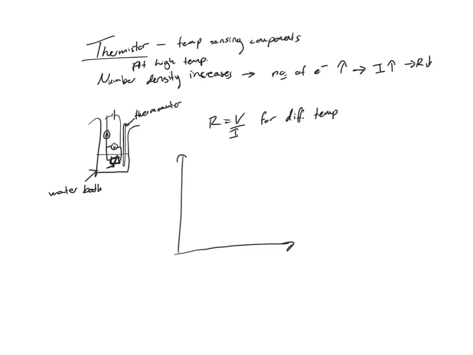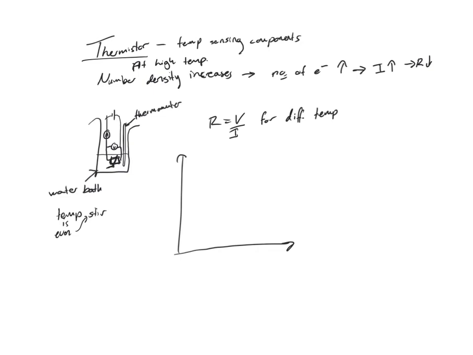You also need to stir the liquid with a little stirrer to make sure the temperature is even. The ammeter and voltmeter are used to measure the resistance across different temperatures.